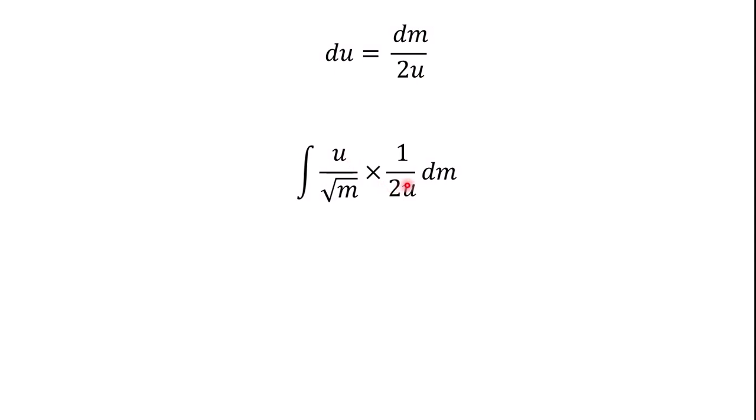So here this u will cancel out with this u, and then we write this 1 over 2 outside here, and then we integrate what is inside. Now 1 over 2 integral of 1 over the square root of m dm.